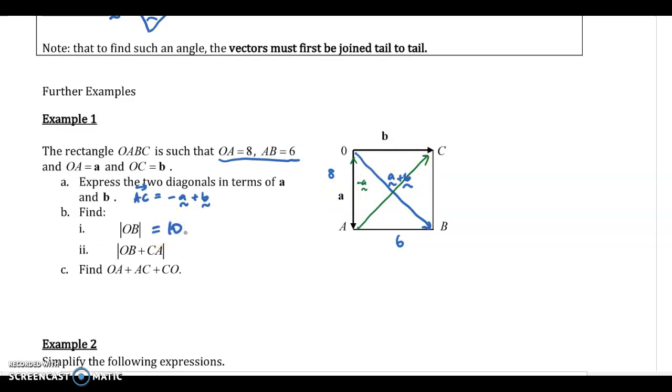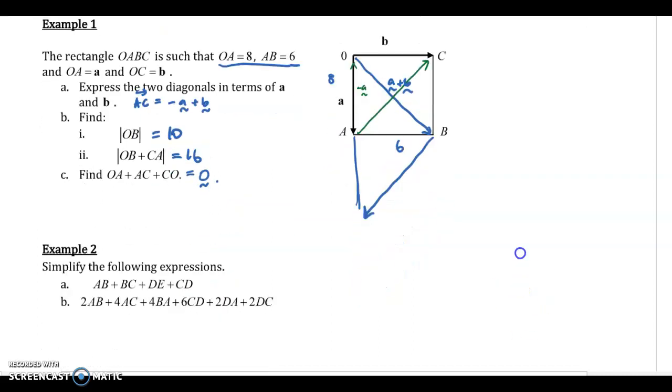Now for the magnitude of OB plus CA. I've imagined CA being there and moved it down here so I can create my vector diagram. That would mean it would be double the length OA, which is 8 plus 8, which is 16. Now it's asking for OA plus AC plus CO. You can see it's gone to C, then back to O, which means the final result is a zero vector.